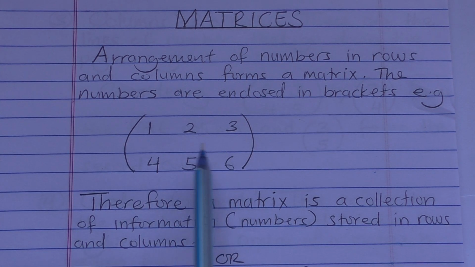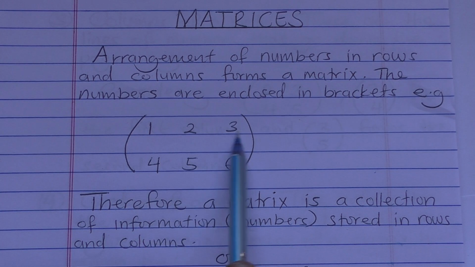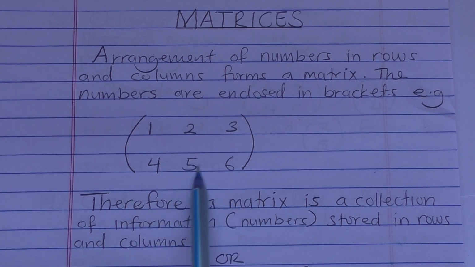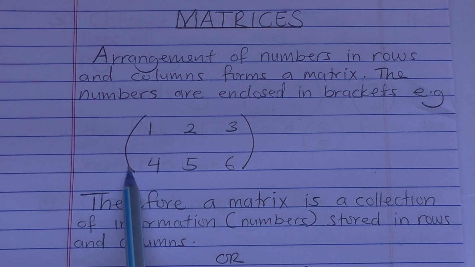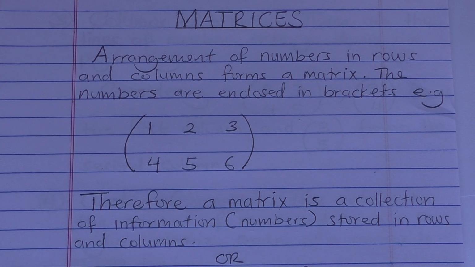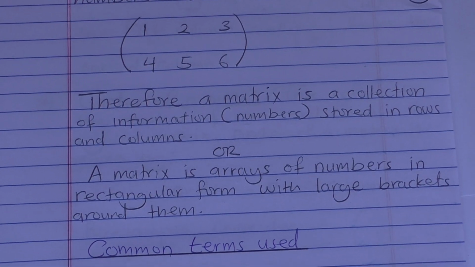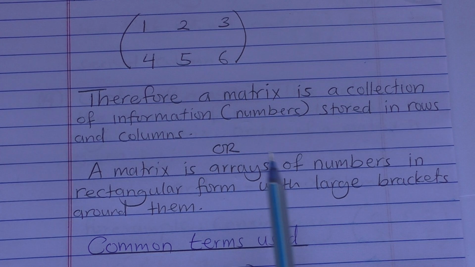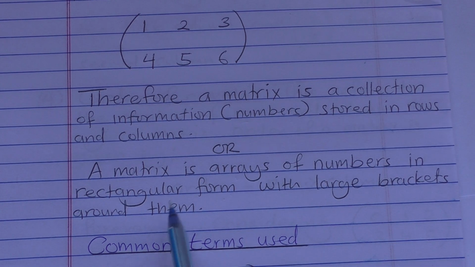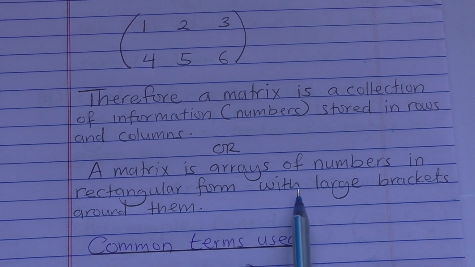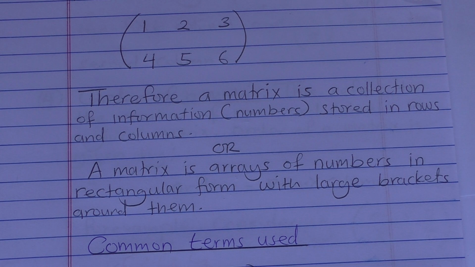So these numbers must be arranged in rows and columns, enclosed with big brackets. That's what we call a matrix. Or we can also define a matrix as an array of numbers in a rectangular form with large brackets around them. So that is what a matrix is.